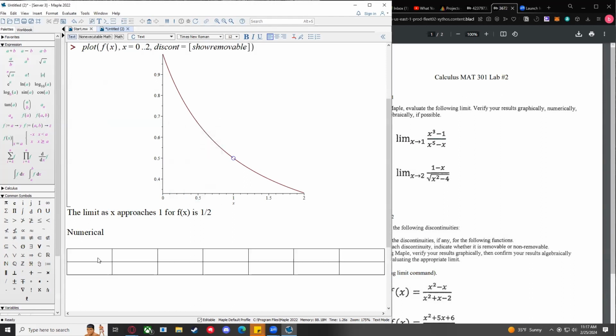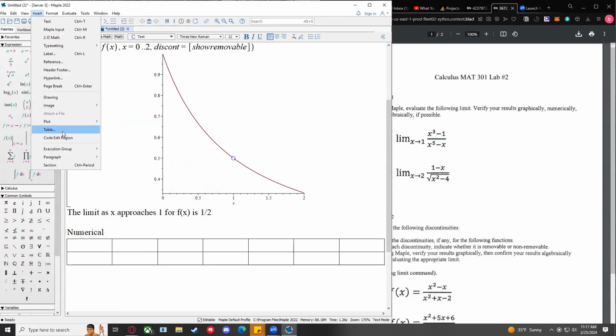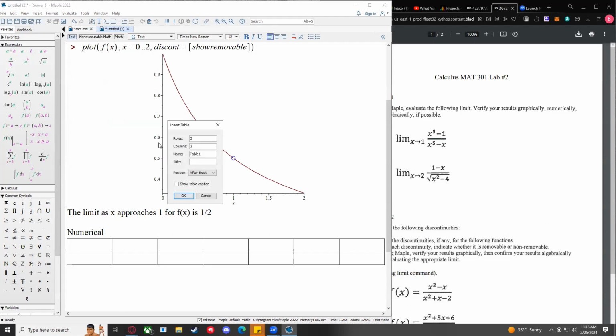Once we do this, we get this table right here. Reminder, the way I did this is I went to Insert, then Table. I made a table with 2 rows and 7 columns. And so I'm going to name one row x and my other row f of x.